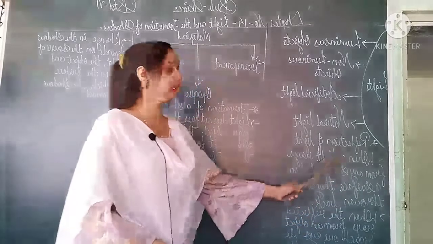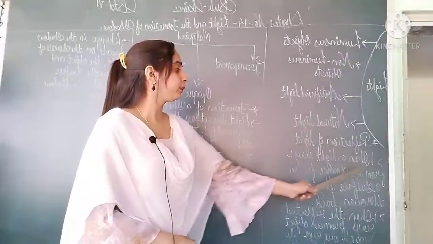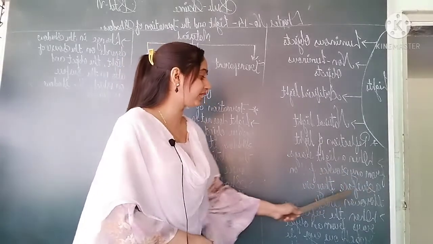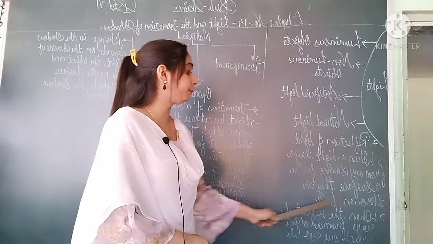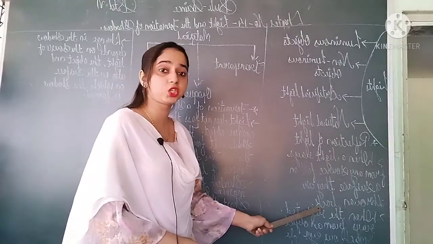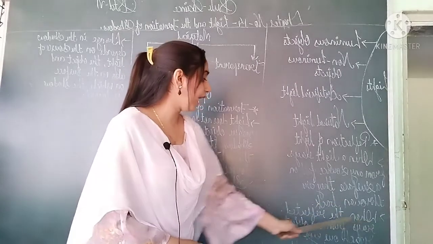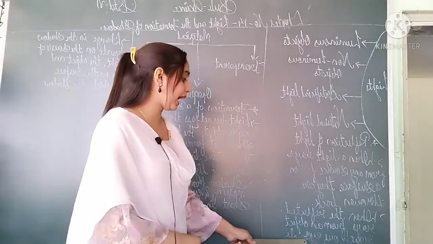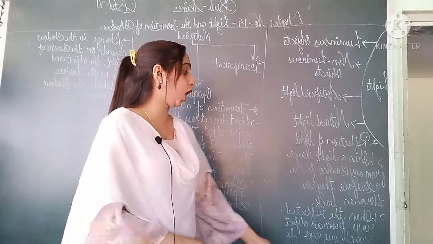Now the next is reflection of light. When light rays from any source fall on a surface, they are thrown back. This is known as reflection of light. When the reflected rays from an object reach our eyes, we are able to see the object.